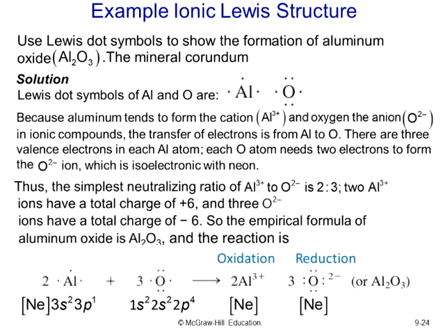If we take a look at its electronic state, aluminum is oxidized to a +3 and oxygen is reduced to a -2, and we have to take this into account as we walk through the structures. So what we discover then is that the best ratio for electronic neutrality of this compound is to have 2 atoms of aluminum and 3 atoms of oxygen.